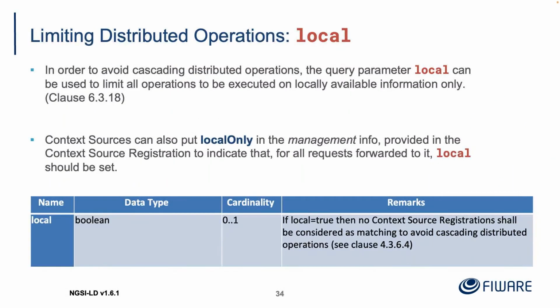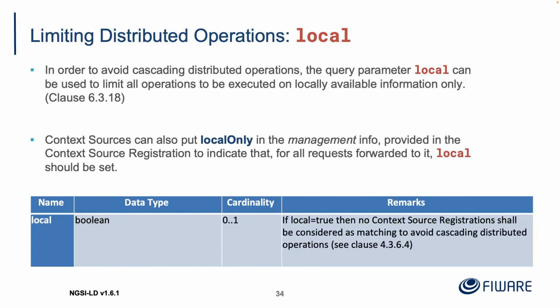Furthermore, it's possible to just request data from a single context broker, not a hierarchy. Imagine a situation where you've got brokers behind brokers behind brokers behind brokers behind brokers. You could end up with a request which takes a very long time. It could time out. I just want to get what I have, I don't want to get the full data.